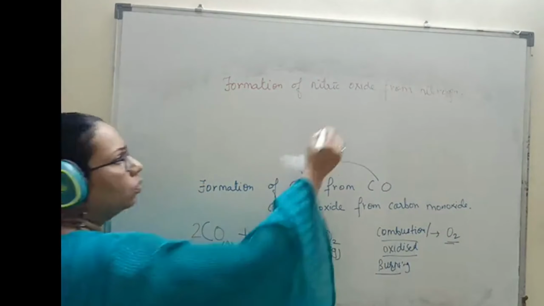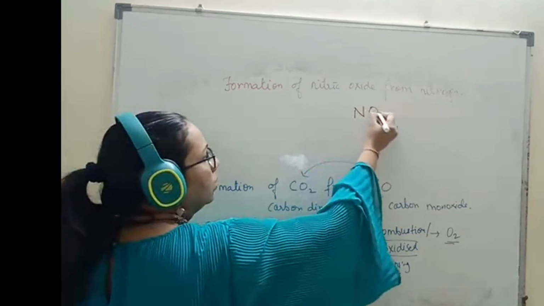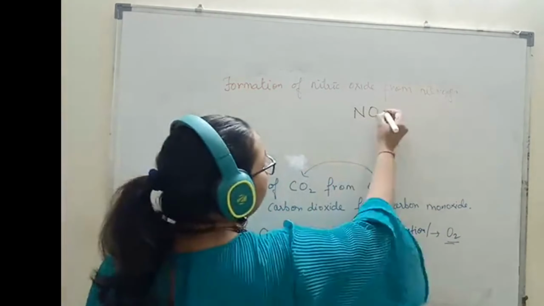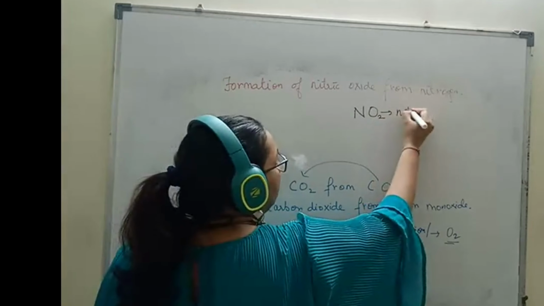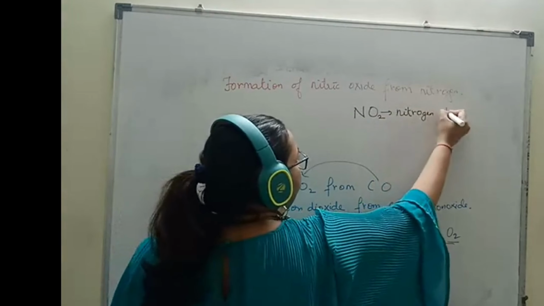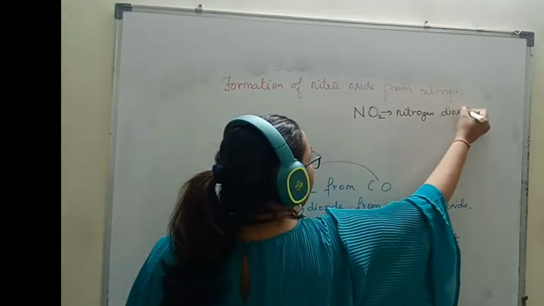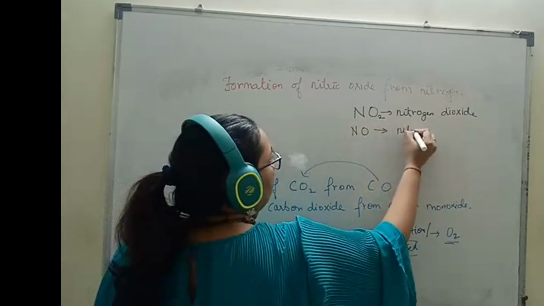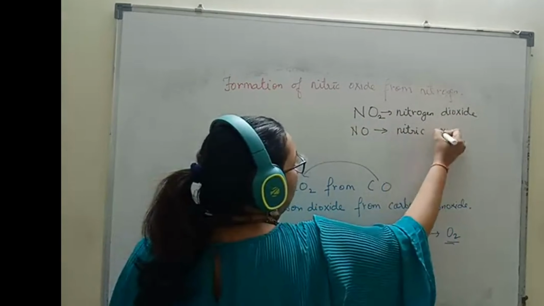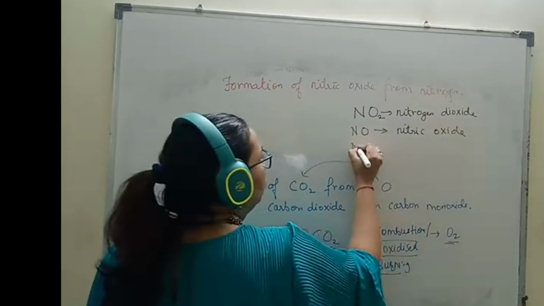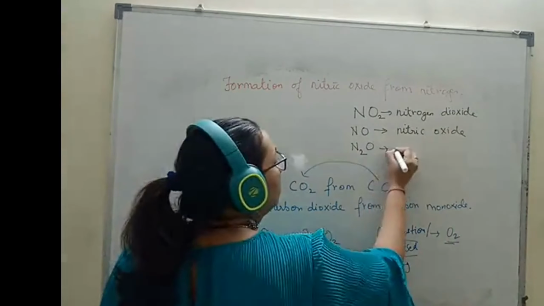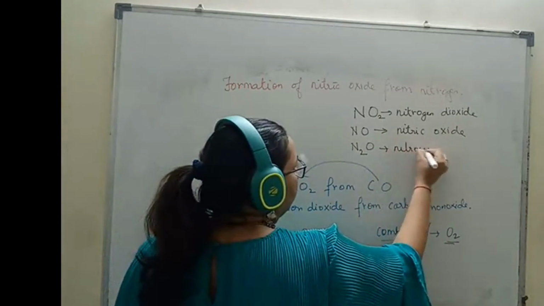It is NO. If you are very confused with a lot of compound names, you can quickly write this down. NO2 is nitrogen dioxide. NO, single N, single O, it is nitric oxide. And if it is N2O, see where the 2 is written, it is called nitrous oxide.